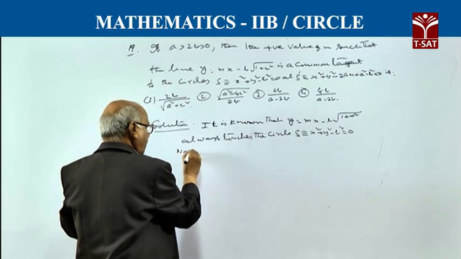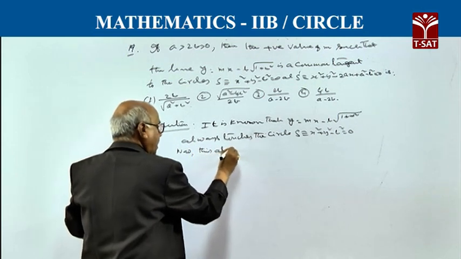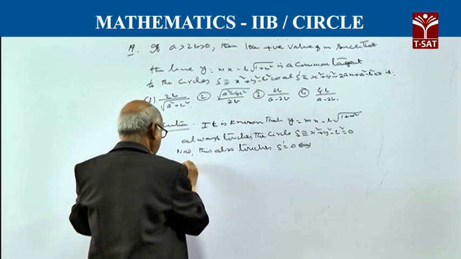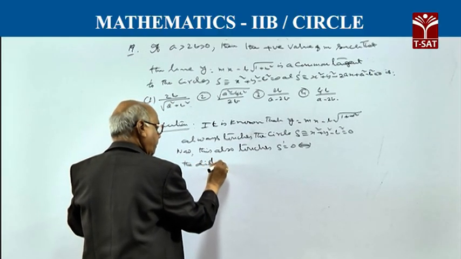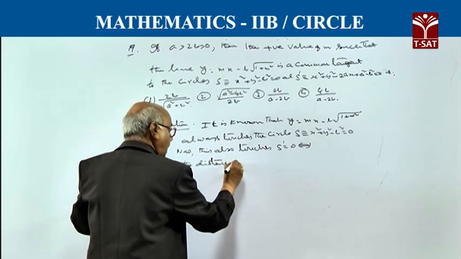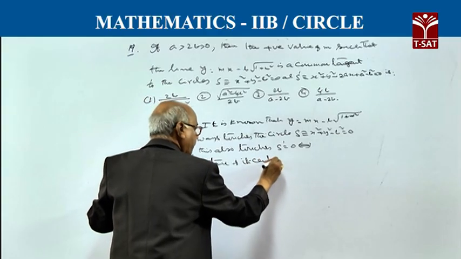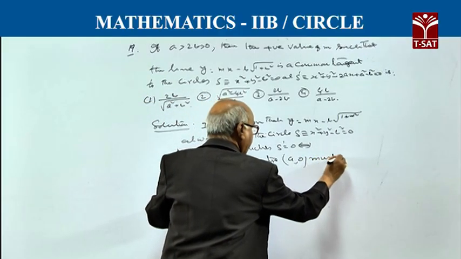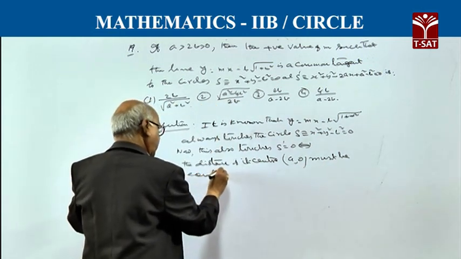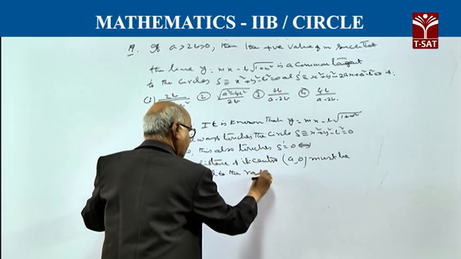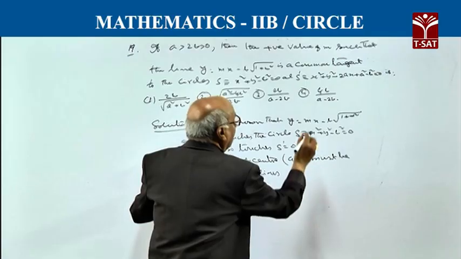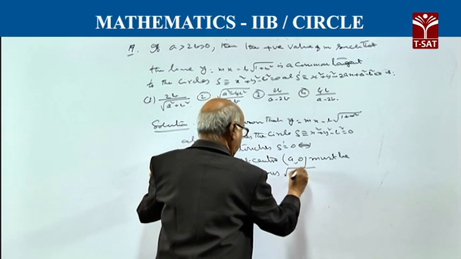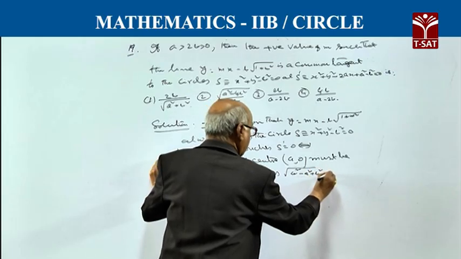Now this also touches S dash is equal to 0 if and only if the distance of its center (a, 0) is equal to the radius of the circle, namely root over a square minus a square plus b square, which is equal to b.